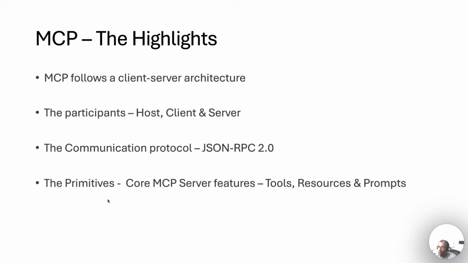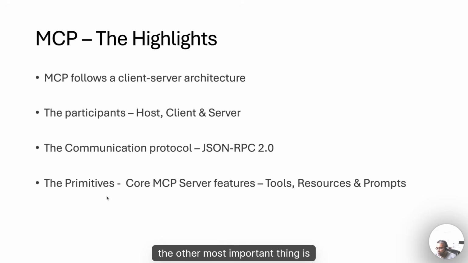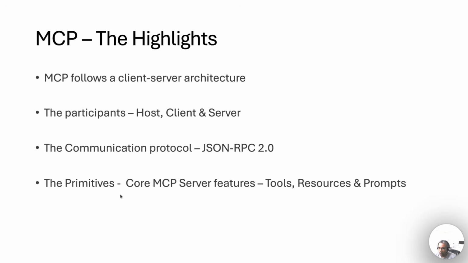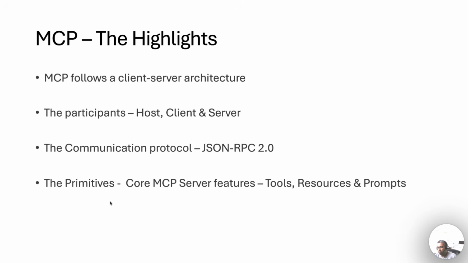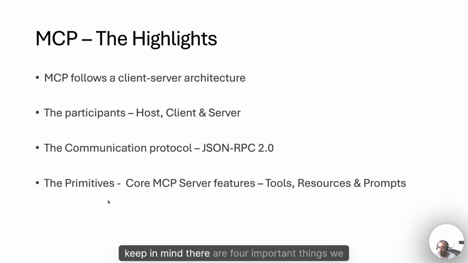The other most important thing is, according to the definition of MCP, we need to understand three core MCP server features: tools, resources, and prompts. We'll look at these one by one, but for the time being, just keep in mind there are four important things we need to understand.